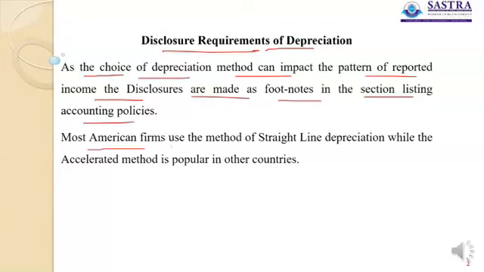Most American firms use the straight line method of depreciation. What depreciation method are American firms using? The straight line method of depreciation. While organizations in other countries prefer to provide depreciation using the accelerated method. So the accelerated method is popular in other countries, whereas the straight line method is popular in American firms.